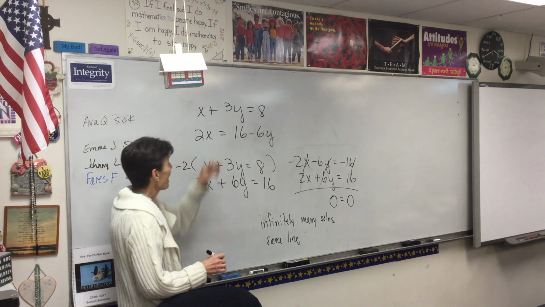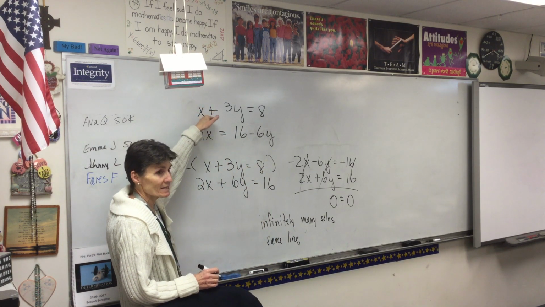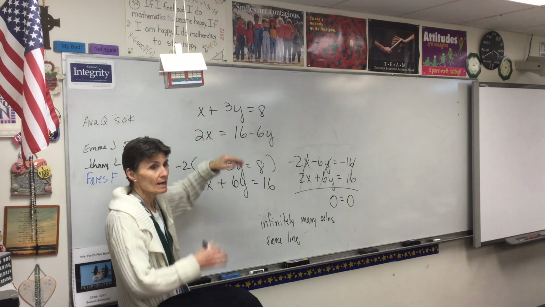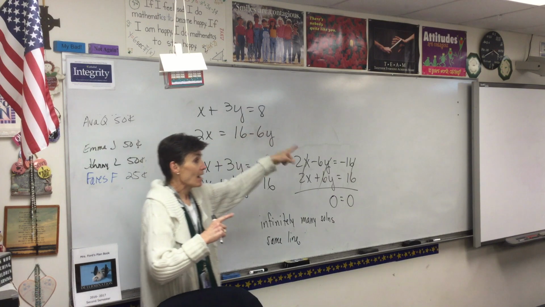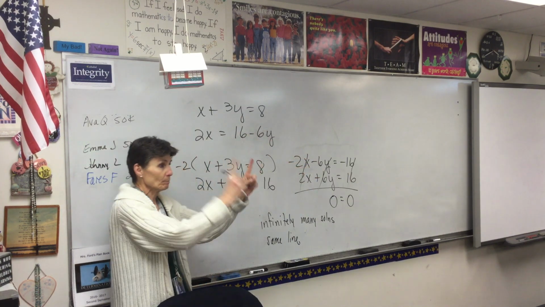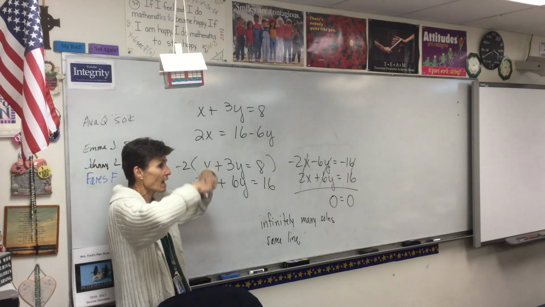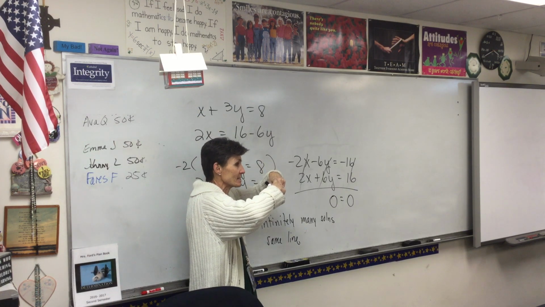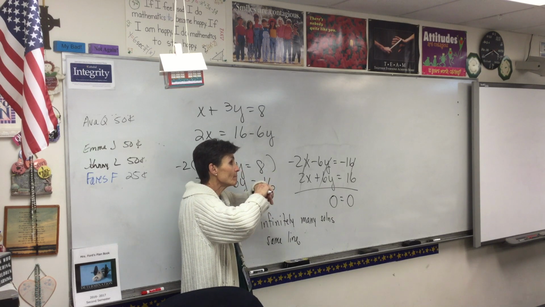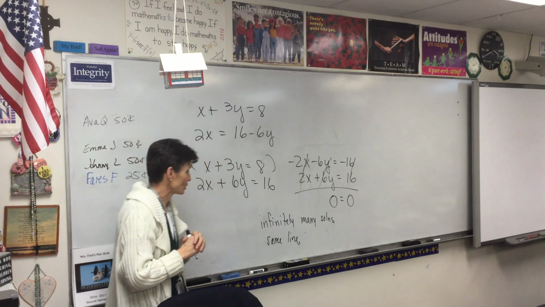If we graphed these two, like if I did this one with a blue pencil and this one with a green pencil, they would be right on top of each other. Down there it was different. Green and blue were parallel to each other. Here they are right on top of each other. So they cross in infinitely many places. Did I say solutions? It's solutions, yeah. Infinitely many solutions.